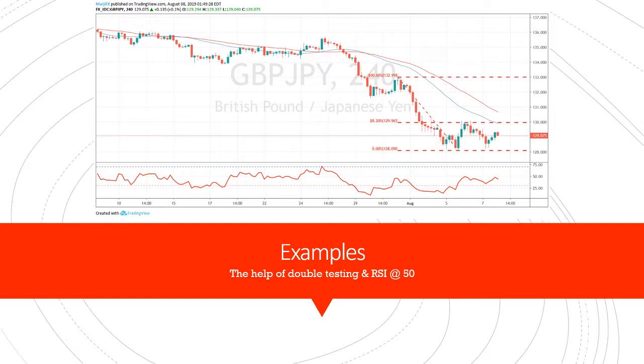So please keep this in mind. Maybe we will check this together tomorrow, if you guys remind me, and see if the price is closer to our target of trading below 128. Okay.